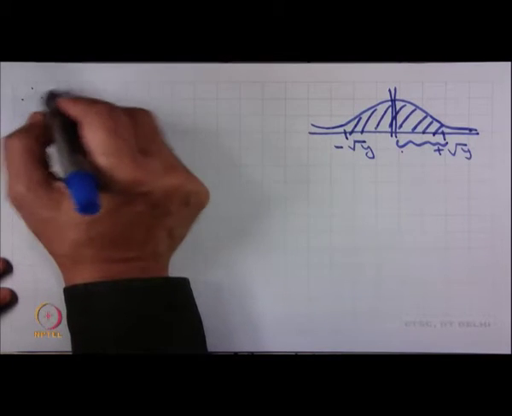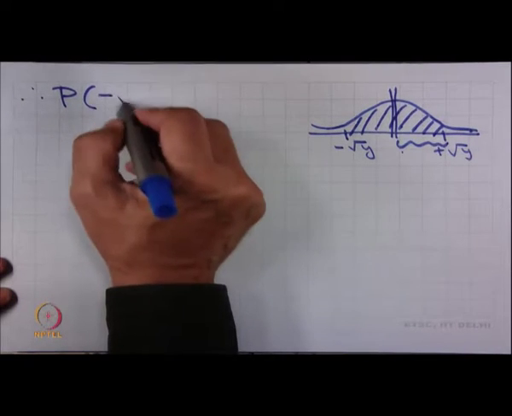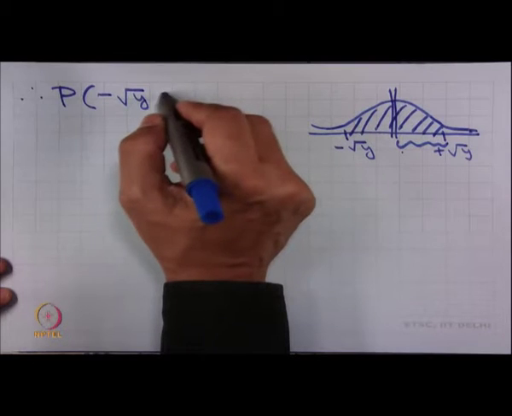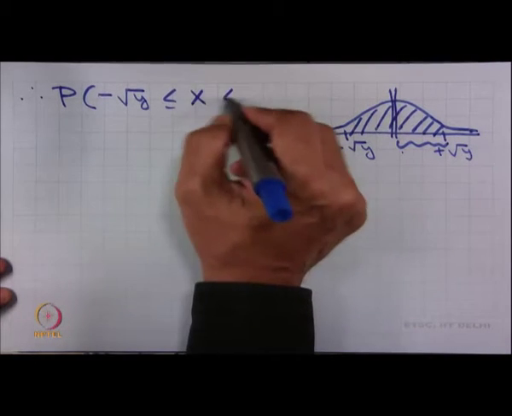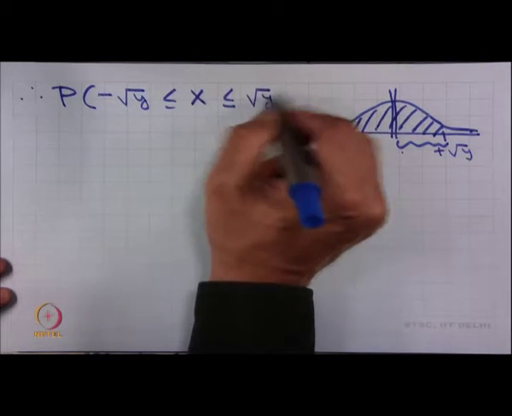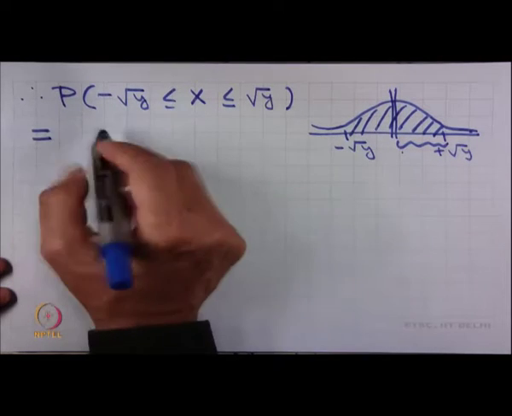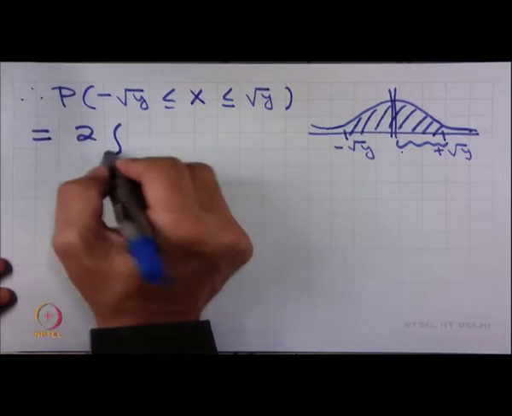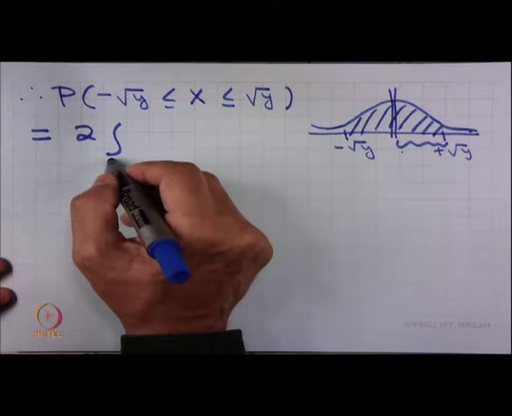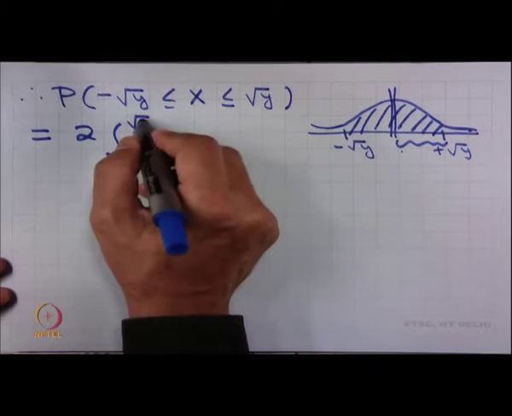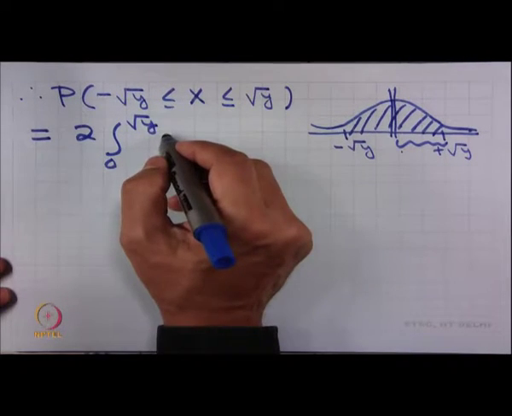Therefore, probability minus root y less than or equal to x less than or equal to root y is equal to 2 times the integral from 0 to root y of f x dx.